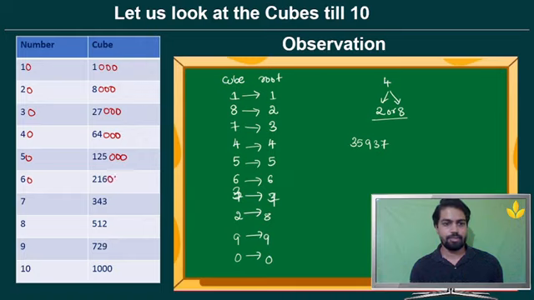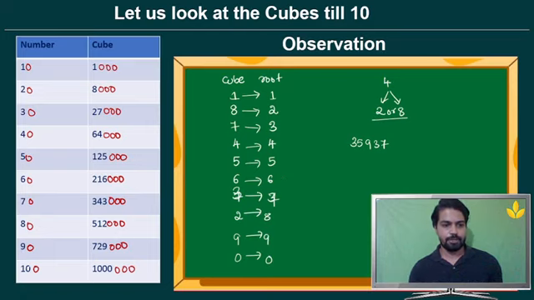All these are going to help us find the range in which the number falls. So it is even faster than finding the square root. Just observe, you'll understand what I'm saying.